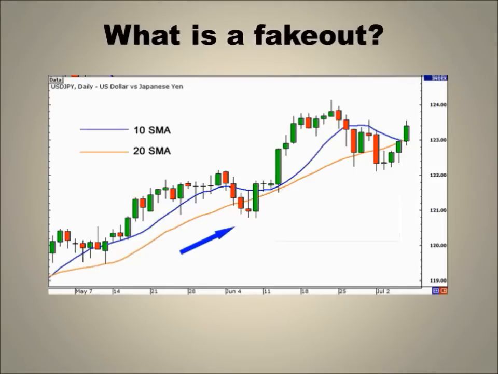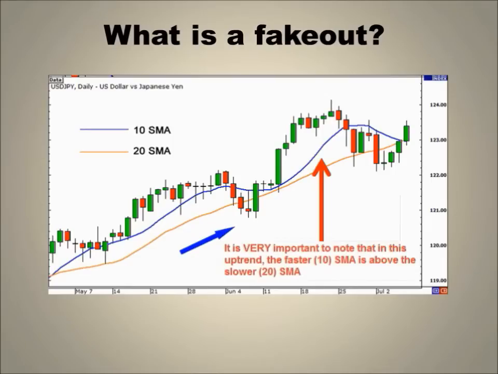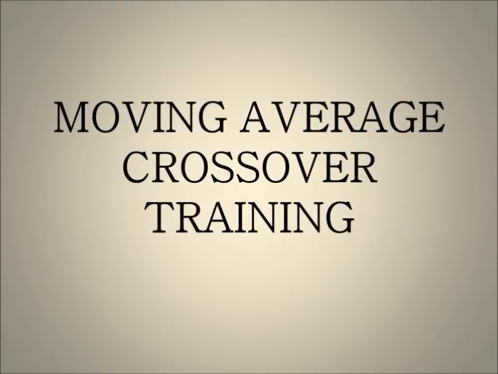And when I say slow SMA, that means the number is larger. Now, in an uptrend, in the bull market, the smaller number should be above the larger number. And if the market is a seller's market, then the larger number would be above the smaller number, or the slower SMA would be above the faster SMA in a bear market. I don't want to confuse you.